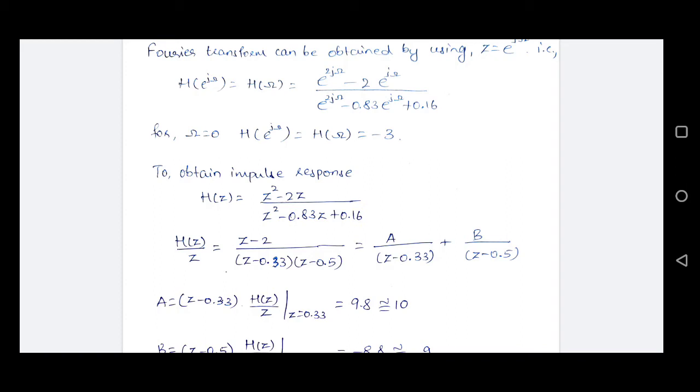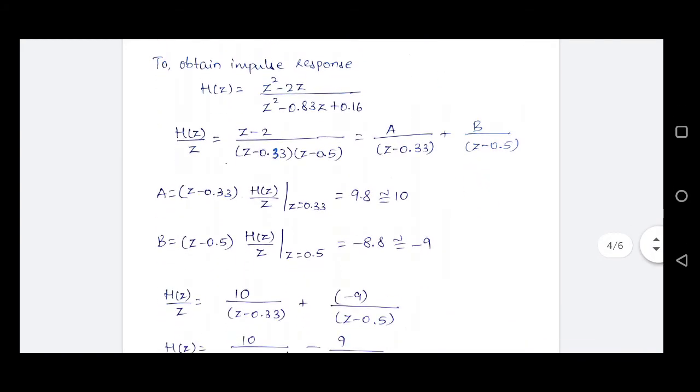There are two poles obtained by the characteristic equation. We'll have two residuals, A and B. If we calculate A as z minus 0.33 multiplied by H of z divided by z at z equals 0.33, we'll get 9.8, which we approximate to 10. A will be equal to 10 and B we get as minus 8.8, which we approximate as minus 9. So the A value is 10 and the B value is minus 9.